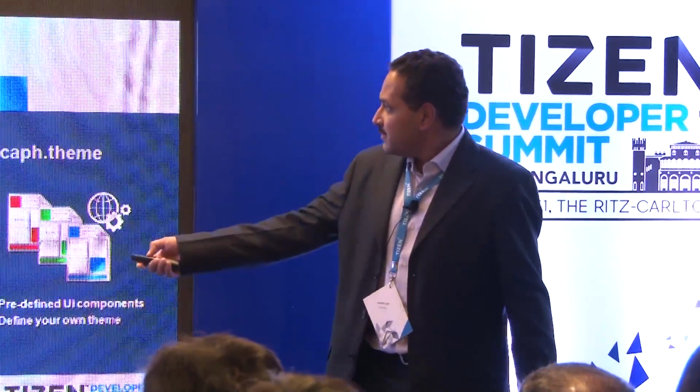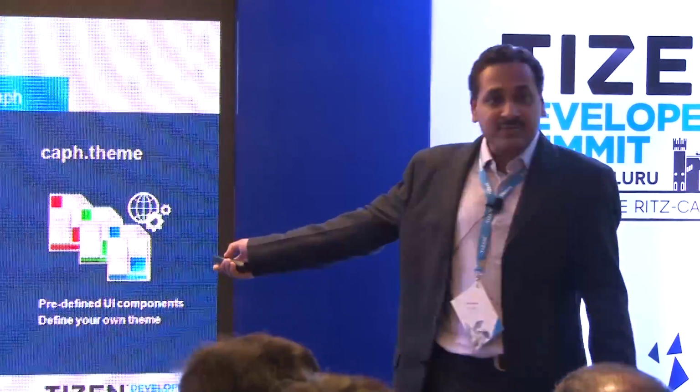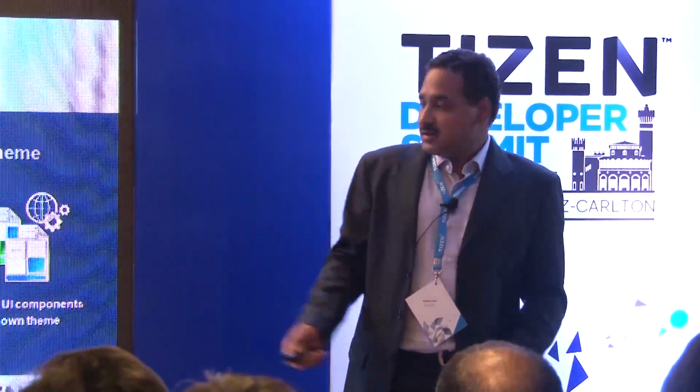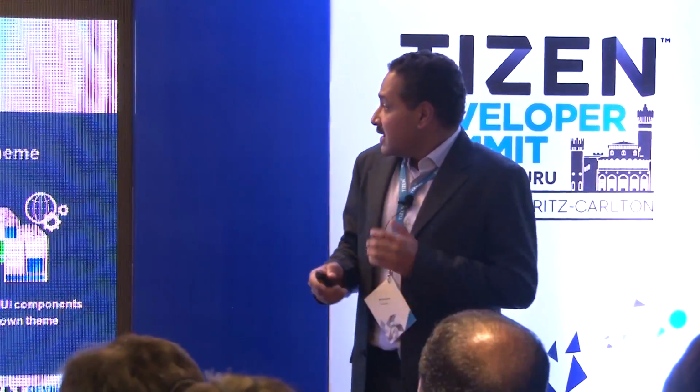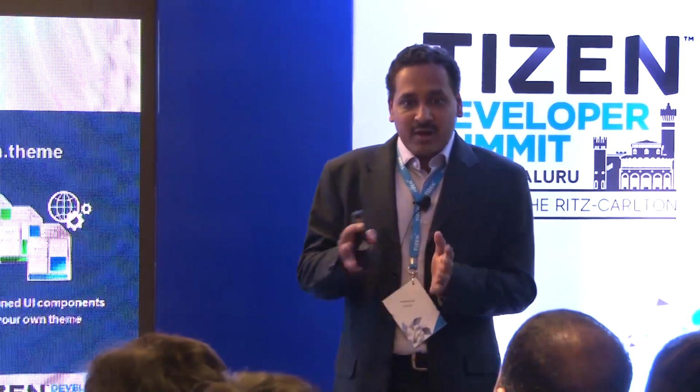So let us see what Caph consists of. Caph consists of 3 packages: Caph Base, Caph UI, and Caph Theme. Caph Base. Caph Base provides you an object oriented infrastructure.